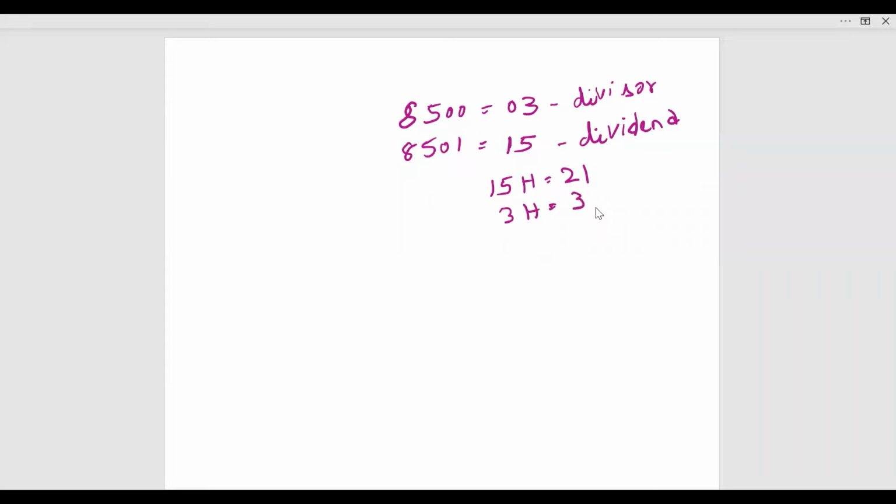So the subtraction has to be performed until there is a carry. It performs 21 minus 3. Next is 18 minus 3.